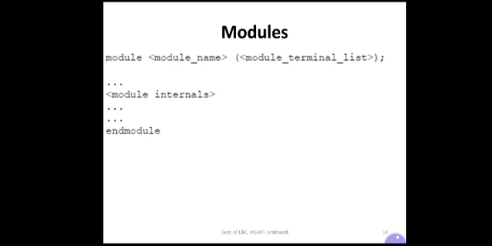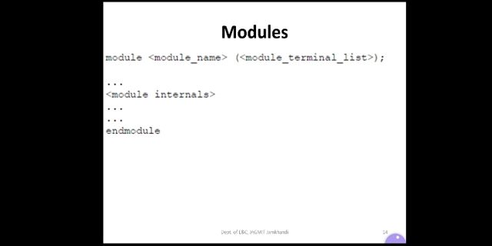The module internals is nothing but the logic. Whichever application you are doing, that is nothing but the module internals. Finally, endmodule is again a keyword. A corresponding keyword endmodule must appear at the end of the module definition.